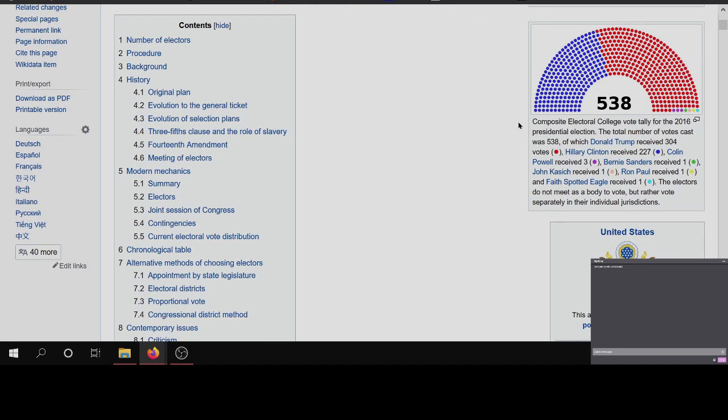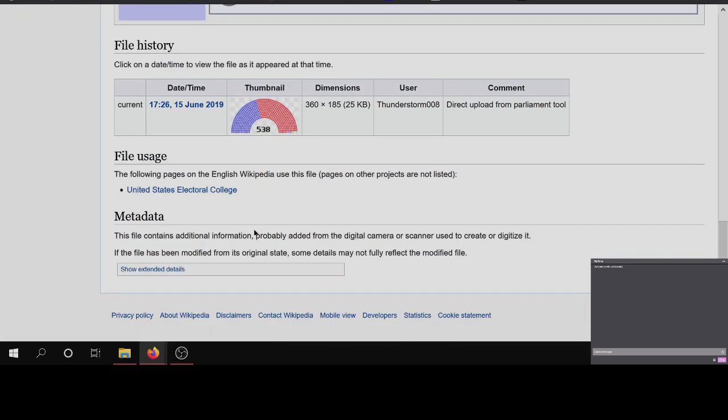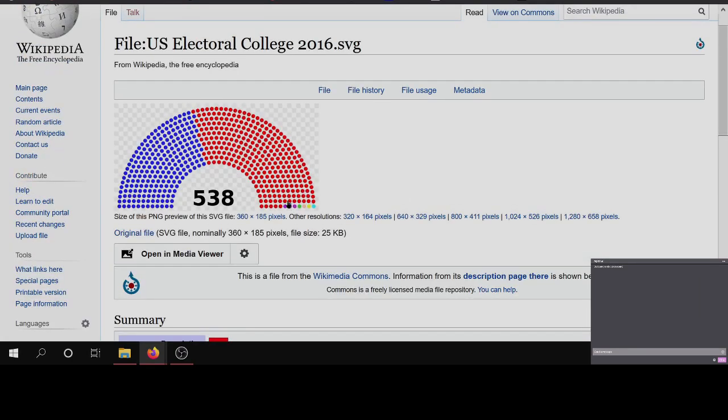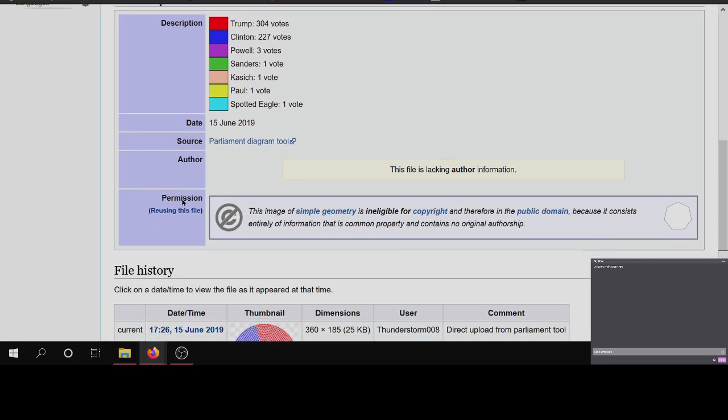Composite electoral vote tally for the 2016 presidential election. The number of votes cast was 538 right here. Actually, let me enlarge it. It has several other contexts under this image history, along with a description when it shows.